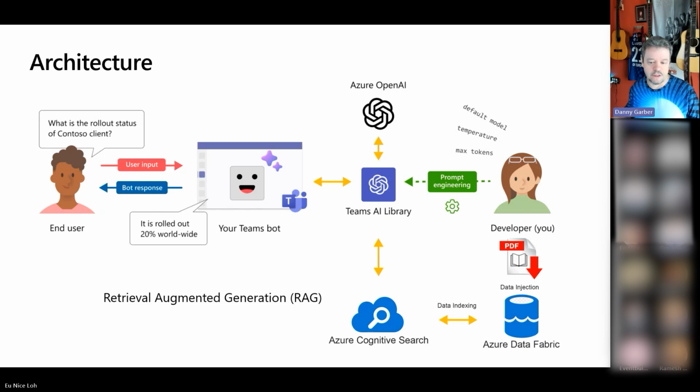This was essentially the data that we had internally, say in organizations, maybe PDF files, maybe Excel spreadsheets, some unstructured raw data that was uploaded into Azure Data Fabric, which the Azure Cognitive Search service has the capability to index and provide as additional prompt into the LLM model that the Teams AI library uses here.